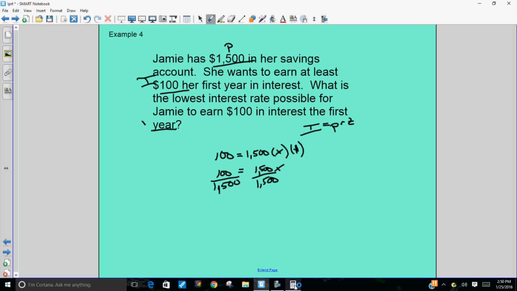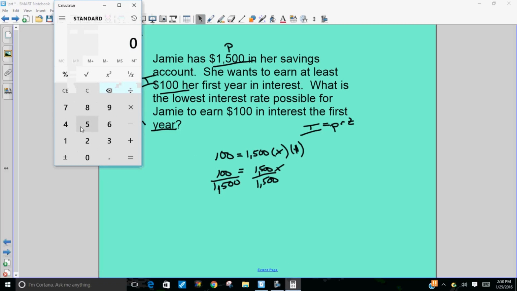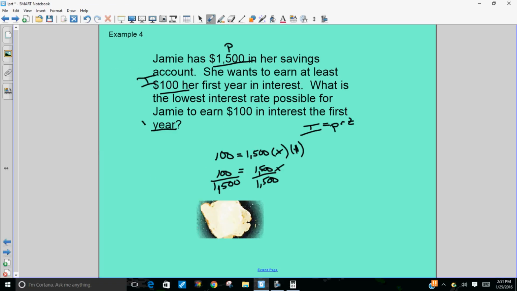Okay. And if I go 100 divided by 1,500, it says 0.0666, and it goes way out there and says 7. Okay? Well, that's what X is equal to.